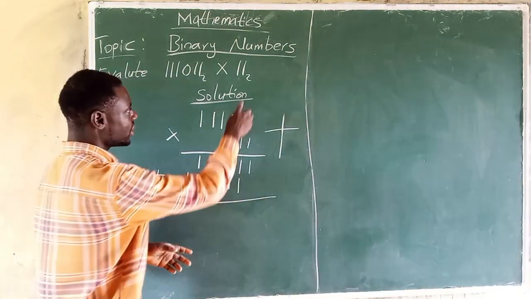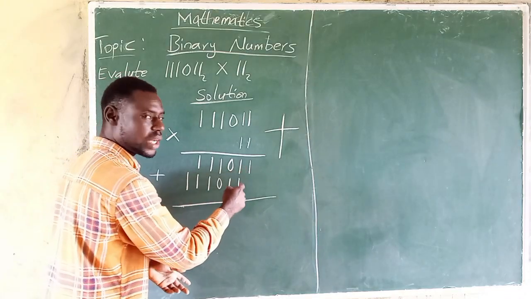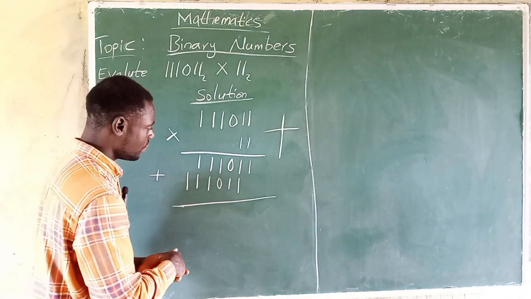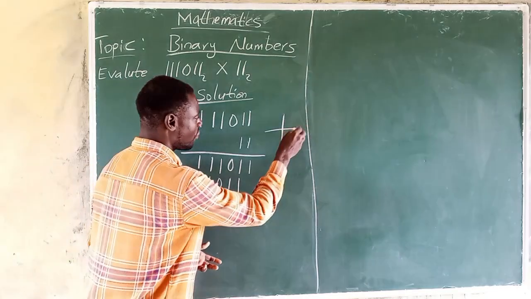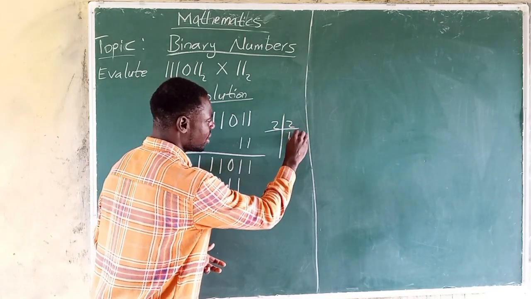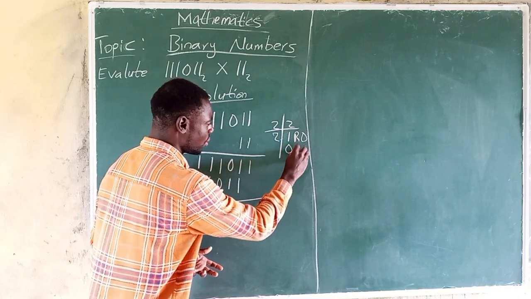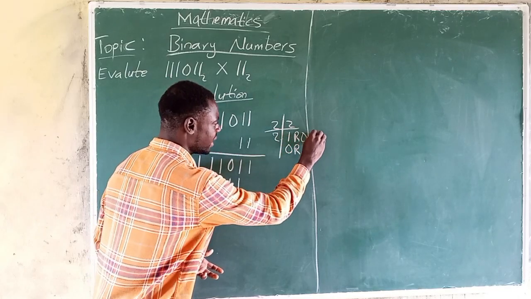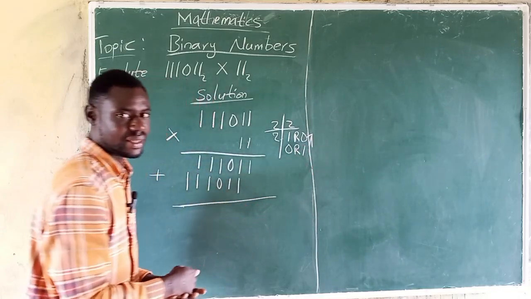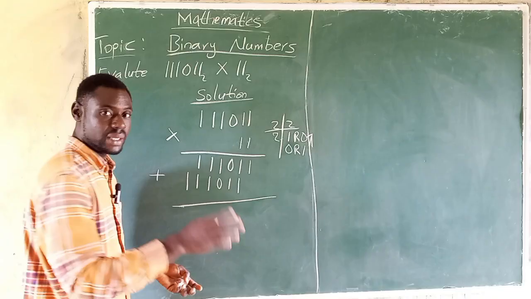Since it is in base 2, if I add these two, it gives me 2. So 2 goes into 2 once, remainder 0. 2 goes into 1 zero times, remainder 1. When you take it up, you have 10. That is why 1 plus 1 is 10.